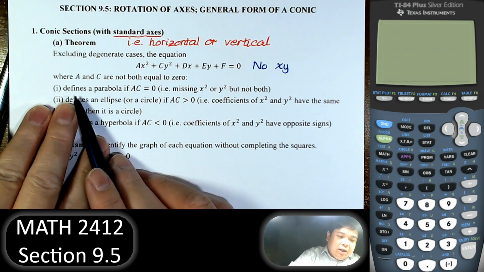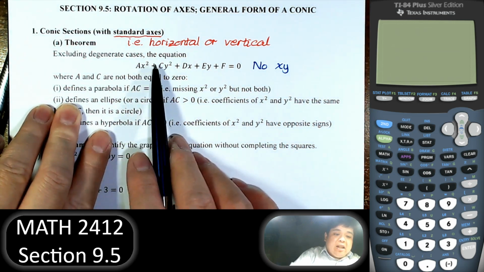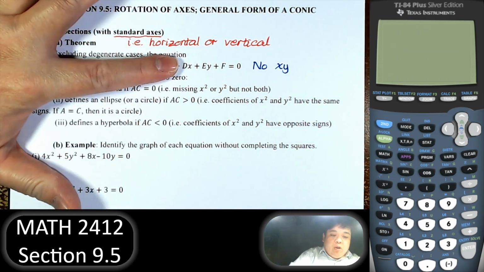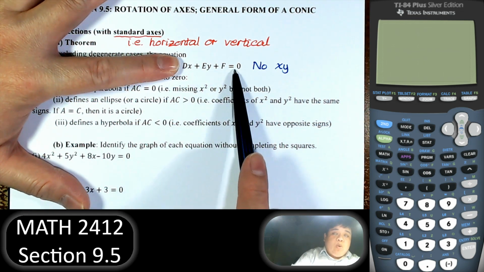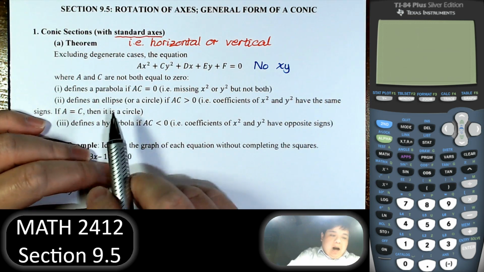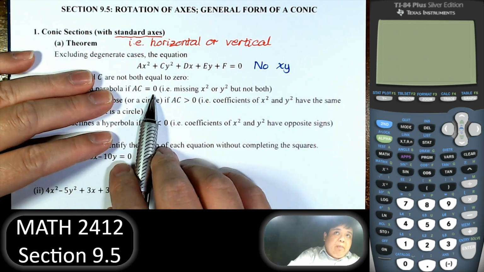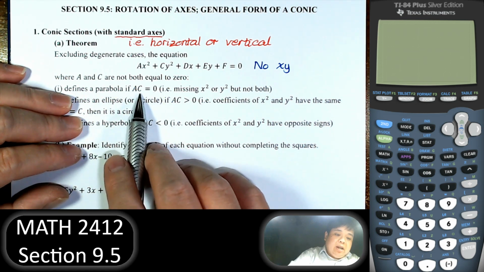Also, A and C are not both equal to 0. If both of them equal 0, we just have the equation of a line. We will have a parabola if A times C equals 0, meaning that one of them is equal to 0.